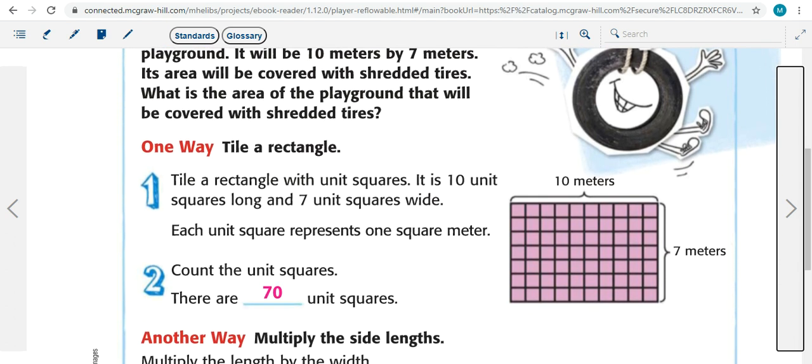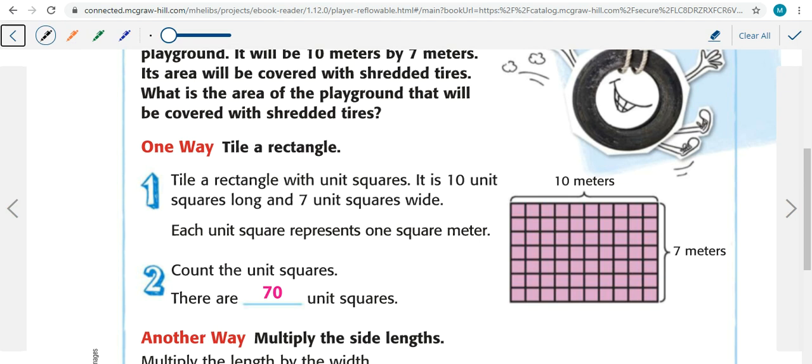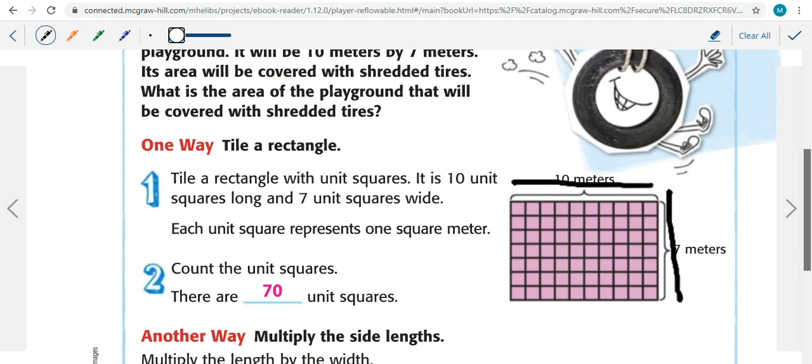Now, tile a rectangle. That means that you're going to draw little squares. It is 10 squares long, 10 meters, by 7 squares wide. Remember, this is length and this is width. So you draw 10 columns and 7 rows. How are you going to find the area?